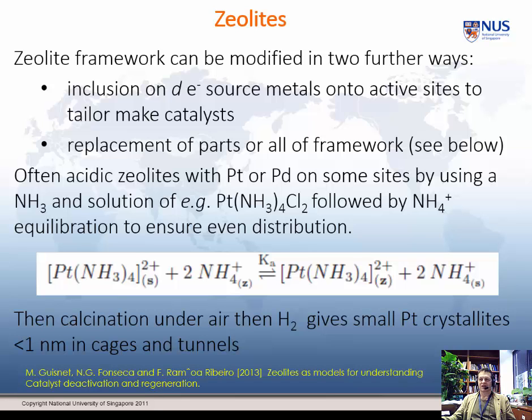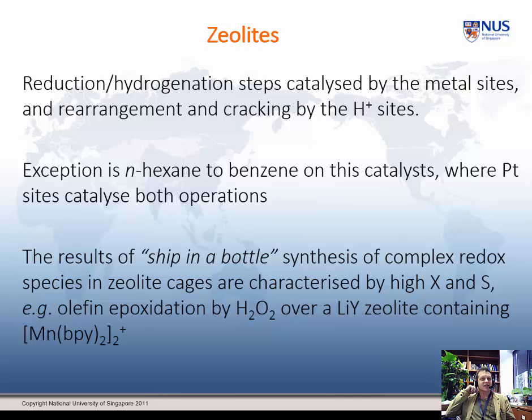Okay. Right. So these metal sites, the platinum sites, actually catalyze reduction, hydrogenation steps, and rearrangement and cracking by the hydrogen site. So you start with an acidic zeolite, you've put these platinum crystallites in.